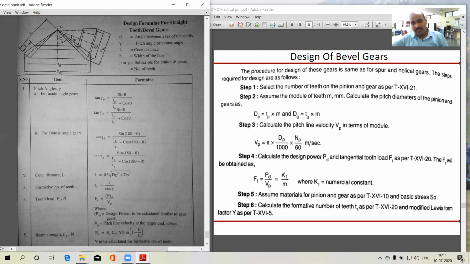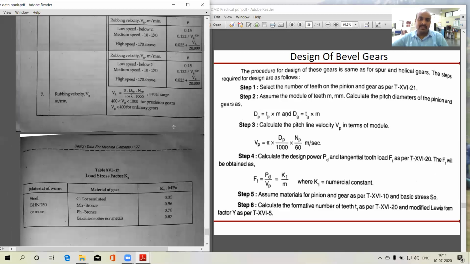Now assume the material for the pinion and gear if it is not mentioned in the problem. If a material is mentioned in the problem, you have to choose that material only. Otherwise you can go to table number XVI 10.